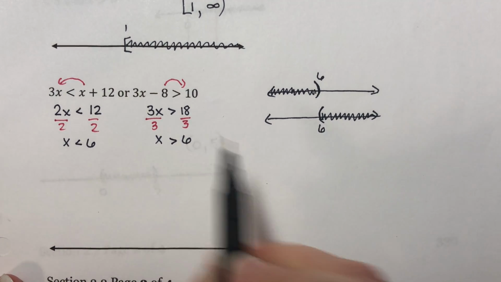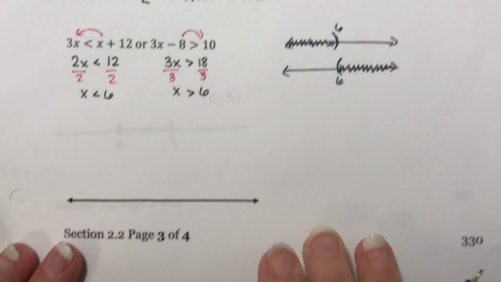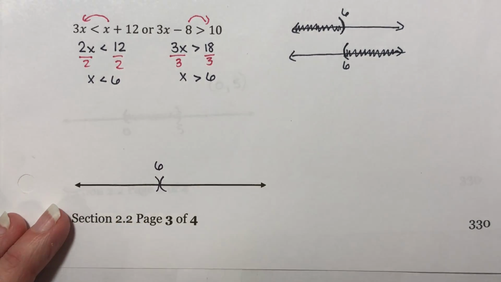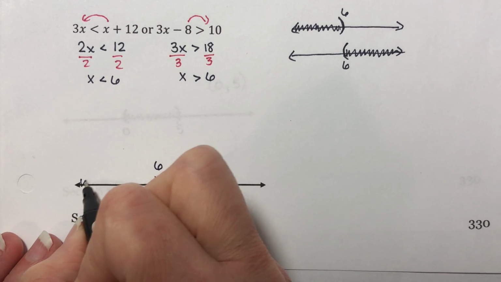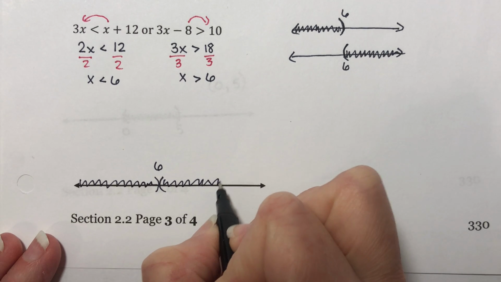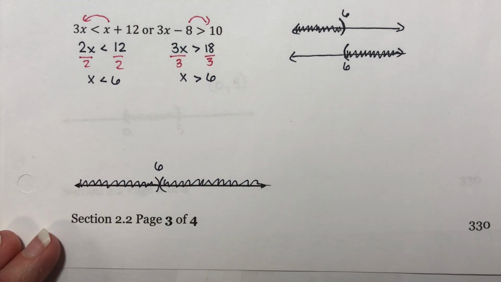So 6 is not part of this solution at all. So our answer graph, I need 6, and it's going in both directions. It looks like this. 6 is not part of your answer.